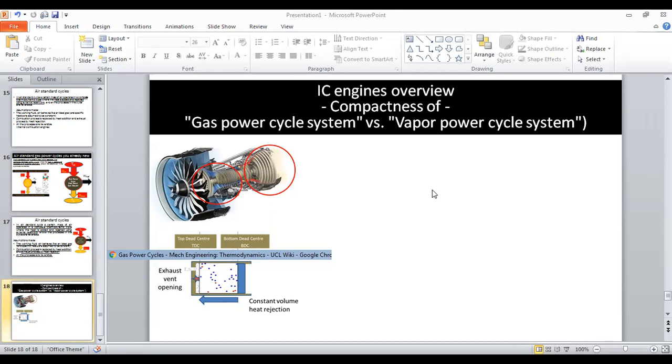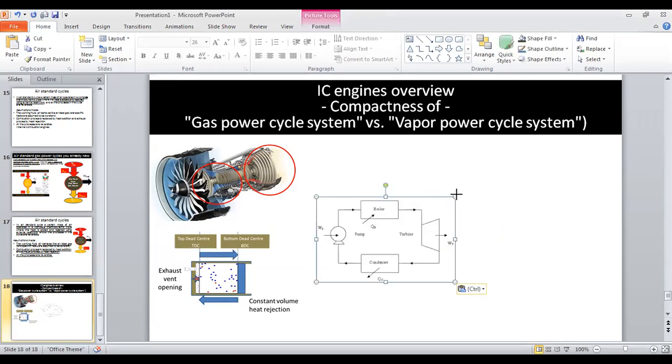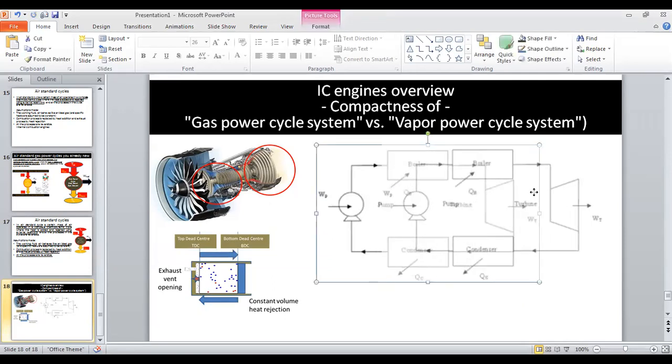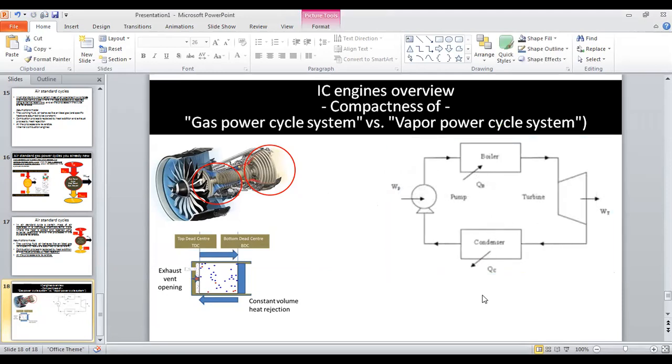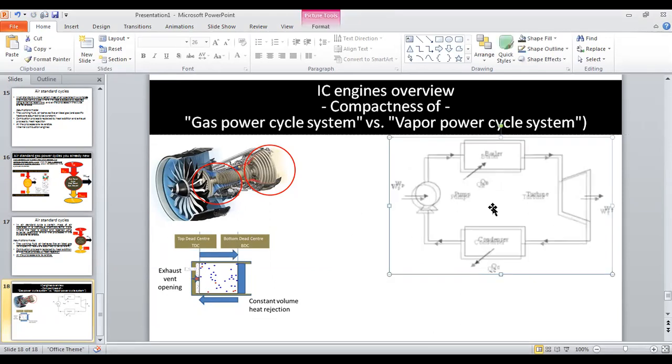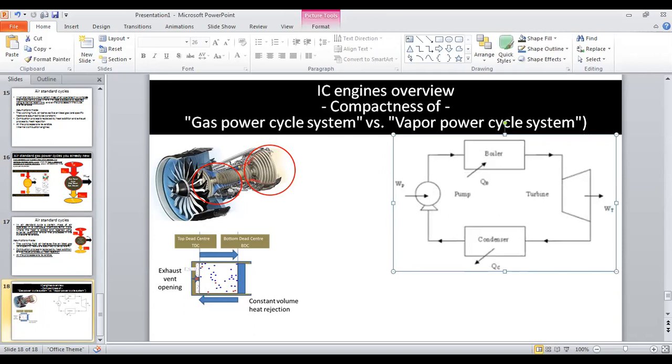Your basic components you have learned. After learning refrigeration, we learned about this: pump, boilers, turbines, and condensers associated with the Rankine cycles. We have to revise this, since we came to know this, that's all.